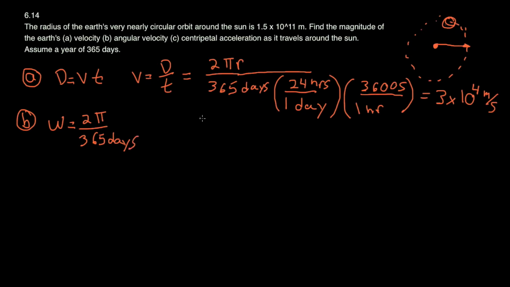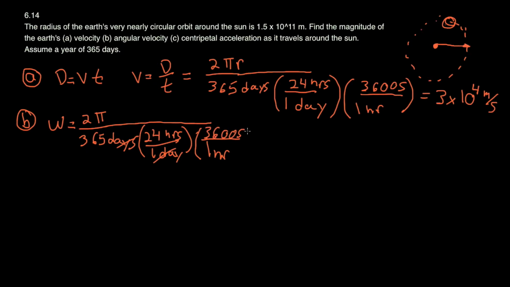And again, we're just going to put it into radians per second. So let's convert days to seconds. So 24 hours in 1 day. So days cancel. And then there's 1 hour, 3,600 seconds in 1 hour.